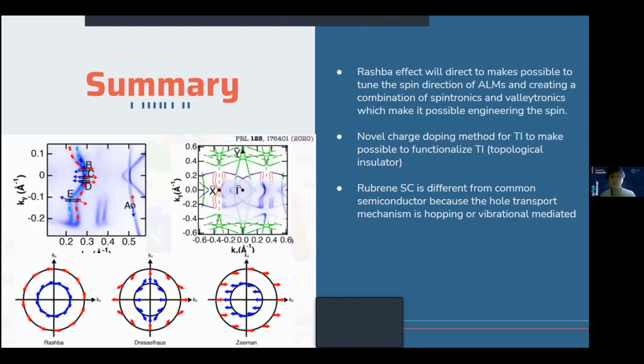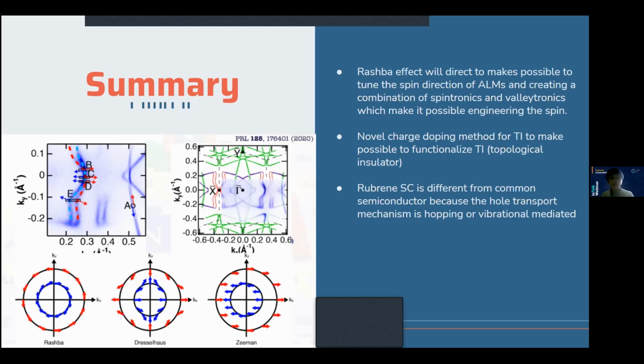The point that I got from Sakamoto Sensei's lecture is that the Rashba effect makes it possible to tune the spin direction of ALMs and create a combination of spintronics and valleytronics, which makes it possible to engineer the spin. If you see the left side, there's a picture comparing the Rashba effect and the Zeeman effect.